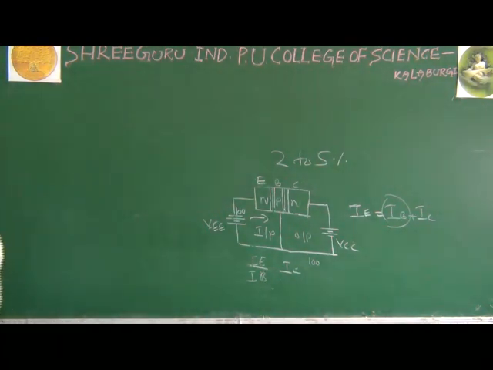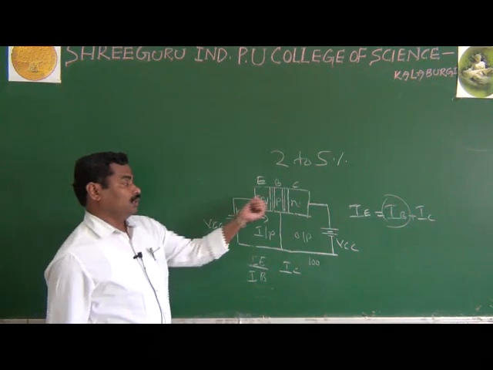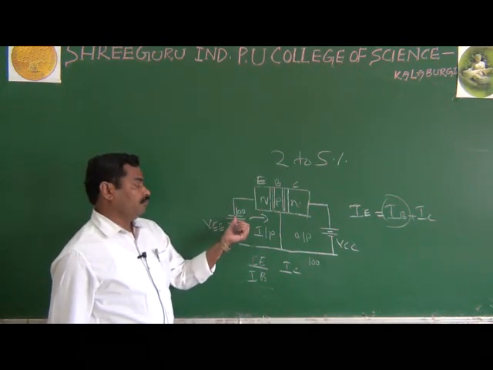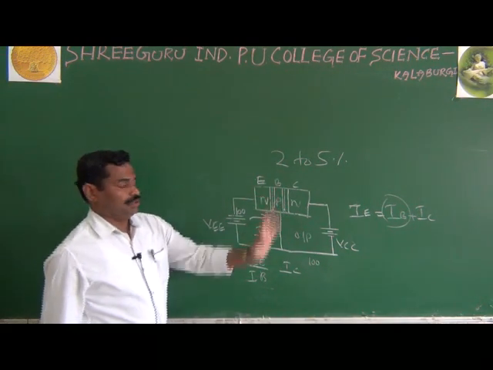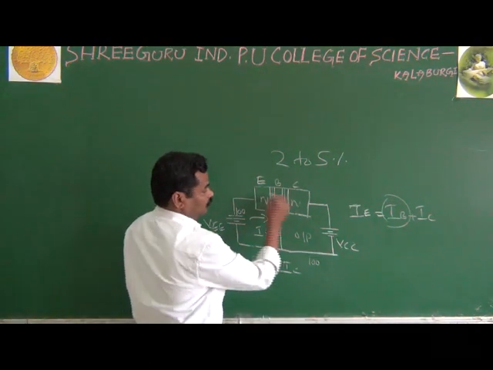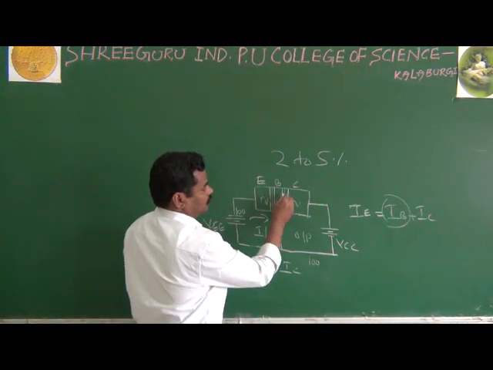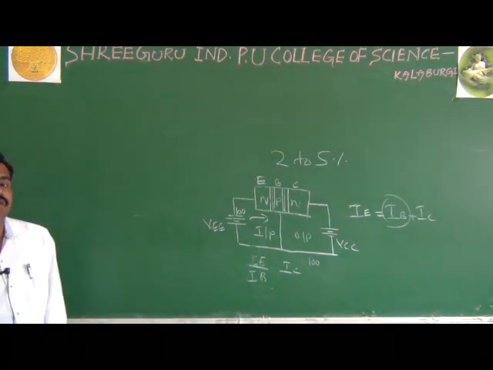But as I said already, because of the forward bias, whatever electrons are given by the negative terminal move towards the base. It means nearly 100 electrons come towards the base. But in the base, what happens?